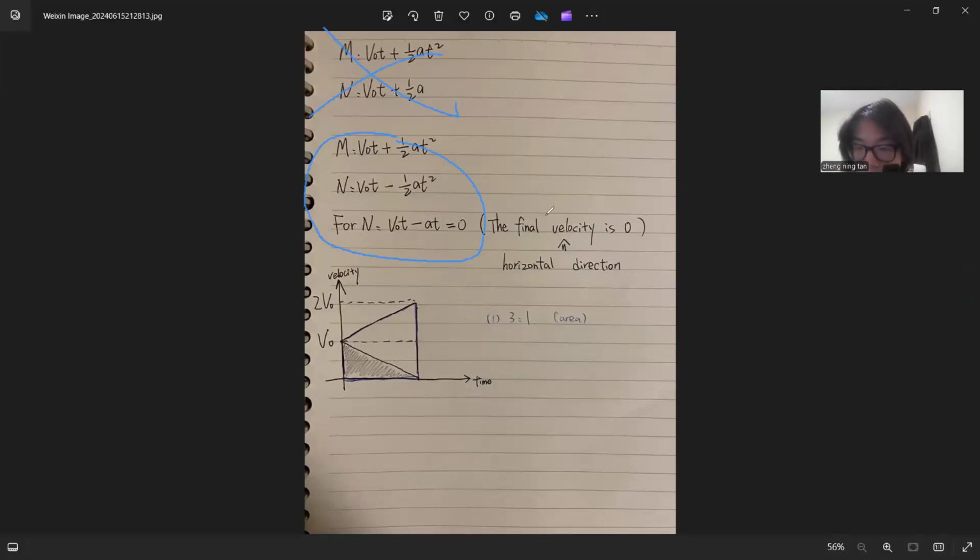So we can directly calculate the ratio of the displacement of M to the displacement of N, but we have a better method. We can draw an image with time as the abscissa and velocity as the ordinate.